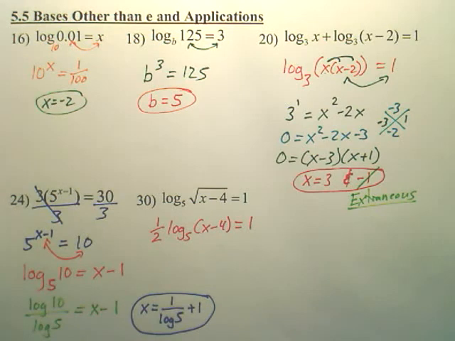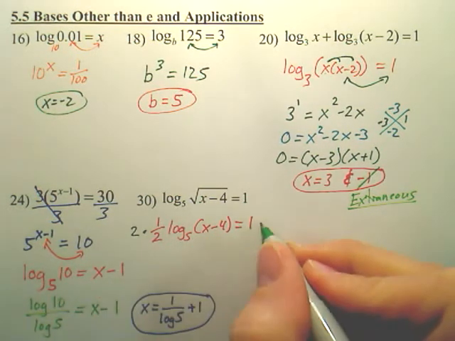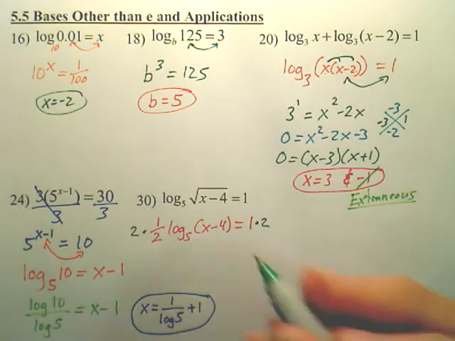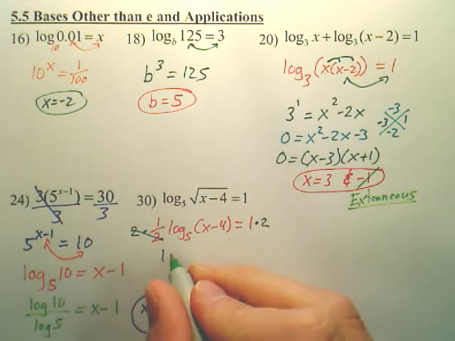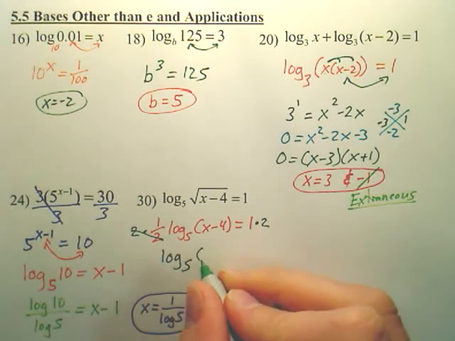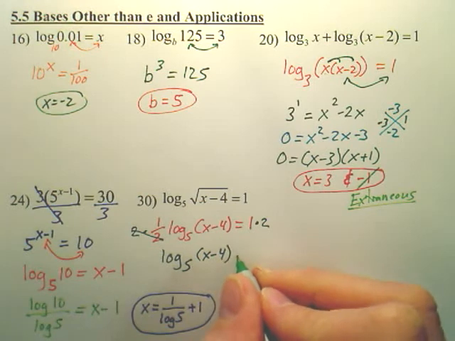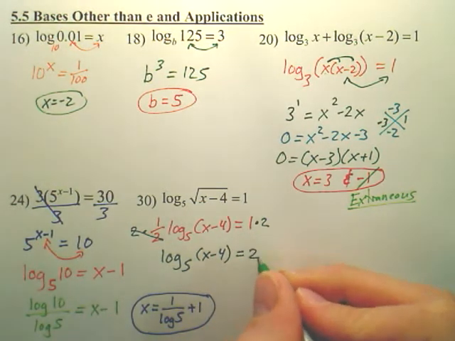That would be my first step. Again, the square root is a 1/2 power, brought it out front. Could I multiply both sides by 2? Boom. I now have log base 5 of x minus 4 equals 1 times 2, which is 2.